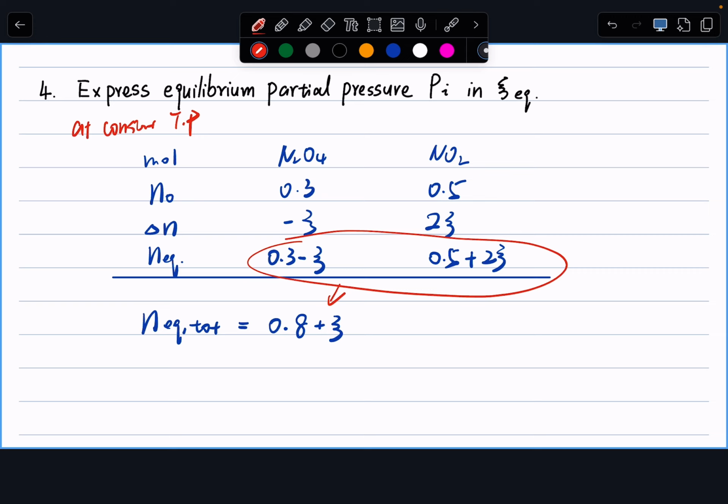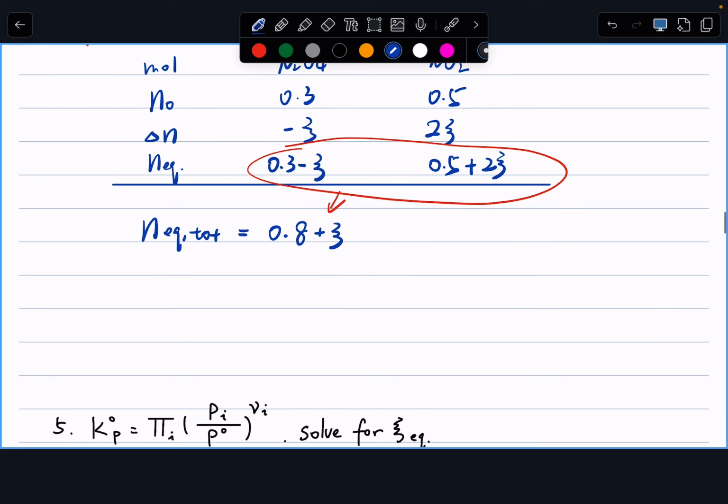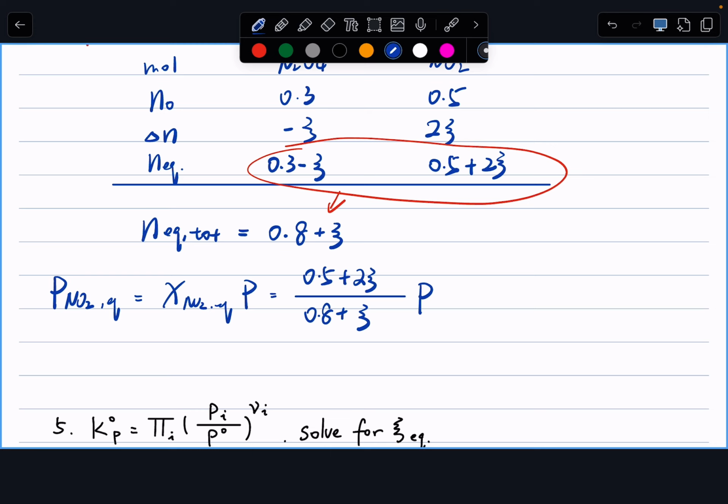And from here, we can write out the expression of partial pressure, which is my partial pressure of NO2 at equilibrium equals the mole fraction of NO2 at equilibrium times the total pressure, and that becomes 0.5 plus 2C over 0.8 plus C times my pressure.